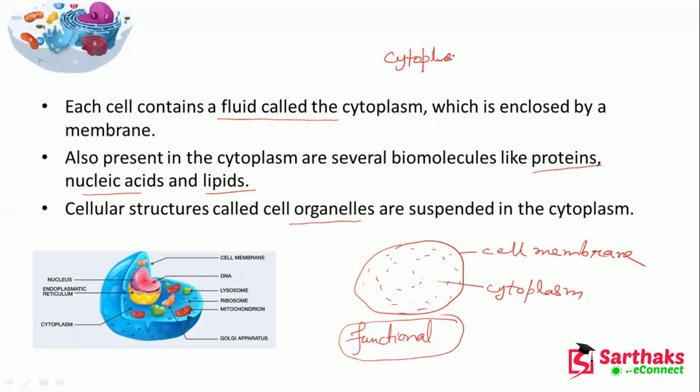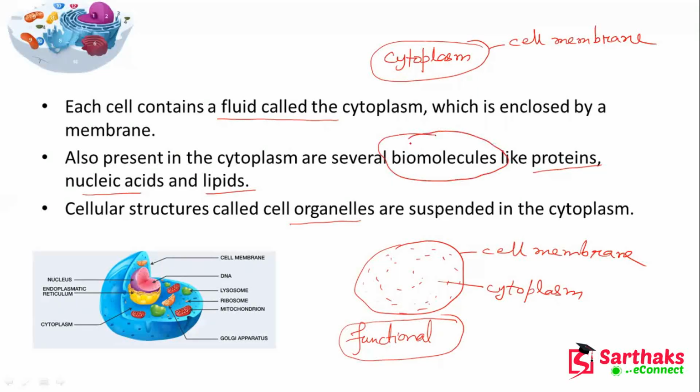What is cytoplasm? The cell contains a fluid that is called cytoplasm. This cytoplasm is enclosed by the cell membrane. Okay, and this cytoplasm has several biomolecules like protein, nucleic acid, and lipid.